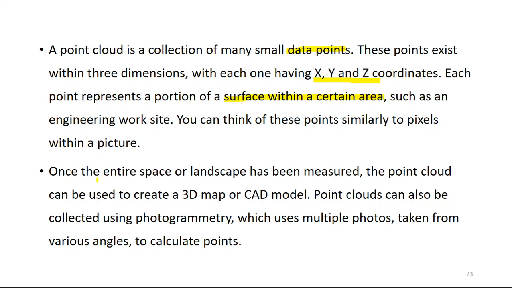Once the entire space or landscape has been measured, the point cloud can be used to create a 3D map or a CAD model, a computer-aided design model. A point cloud can also be collected using photogrammetry, such as multiple photos taken from various angles to calculate the points.